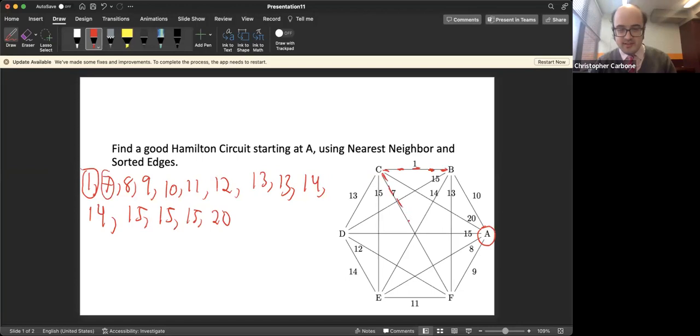So we want this one connecting C to F. The next one after that is an 8, which again, we want to use for this. It connects A to E, and again, has no three-way intersection.